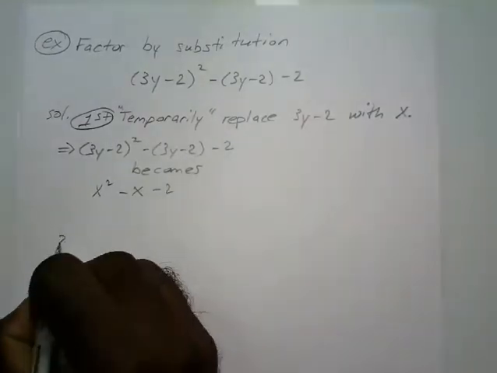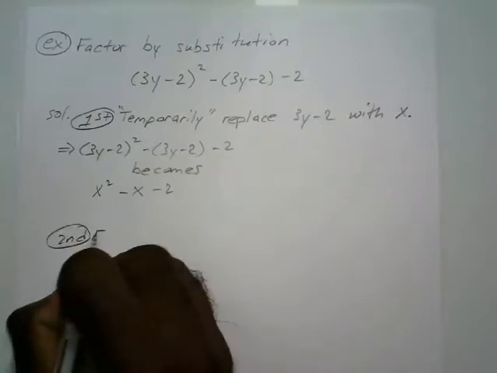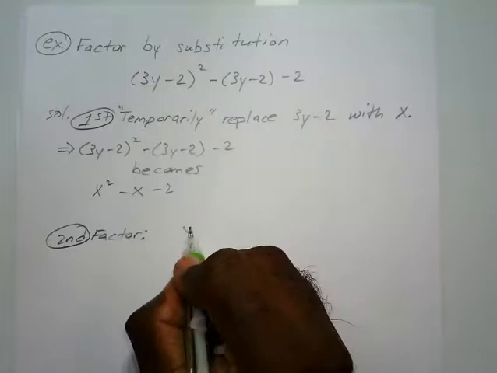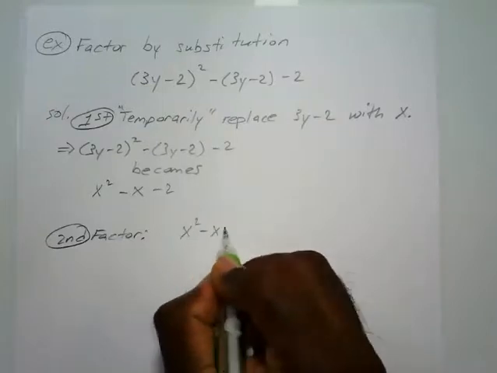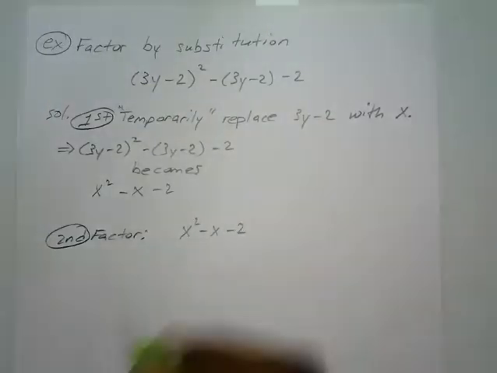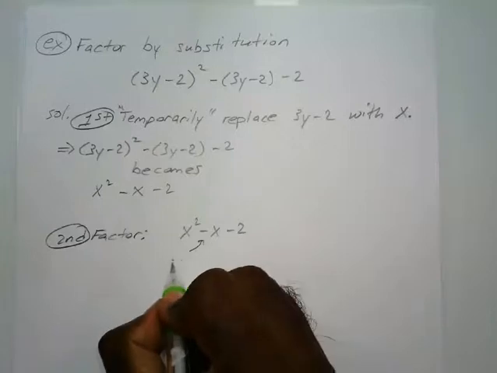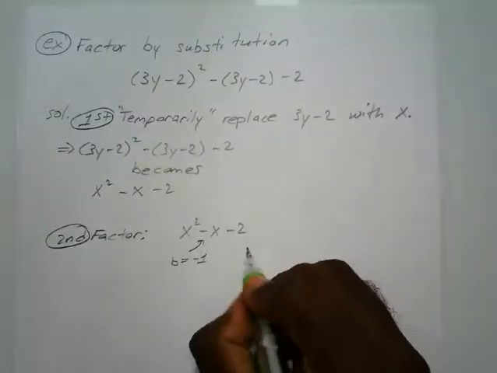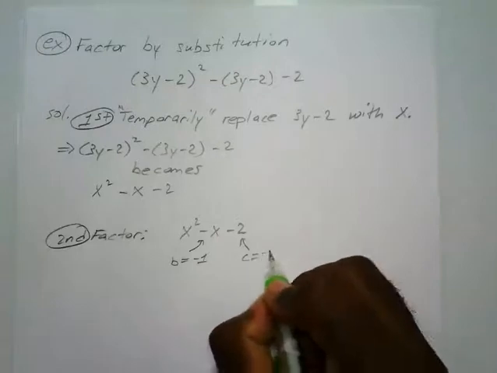Now we do our second step, which is just to factor. So x squared minus x minus 2. We see here that our b is equal to negative 1 and our c is equal to negative 2.